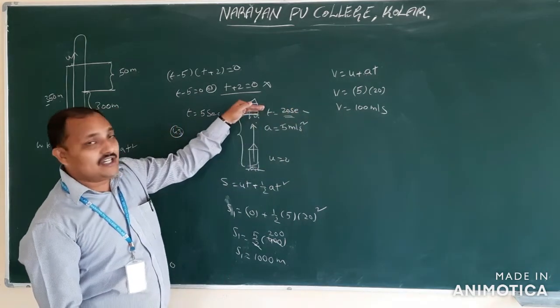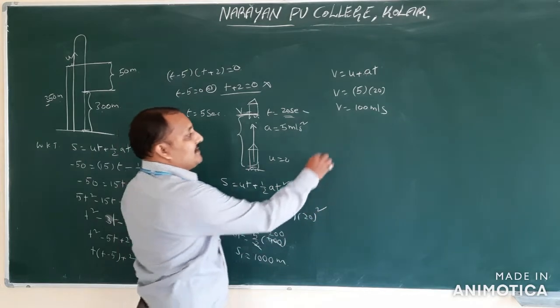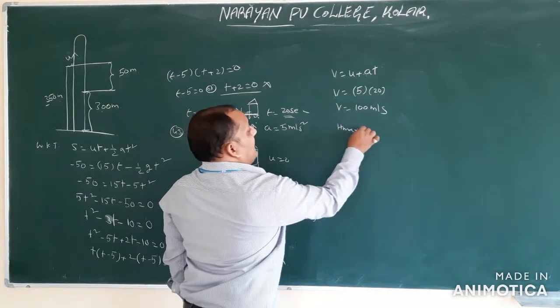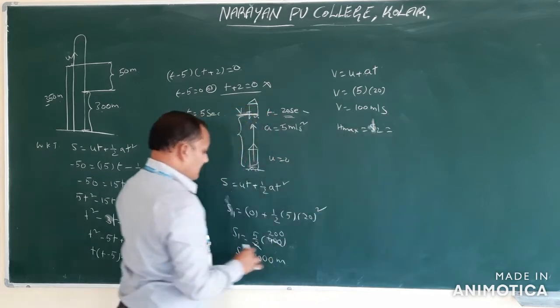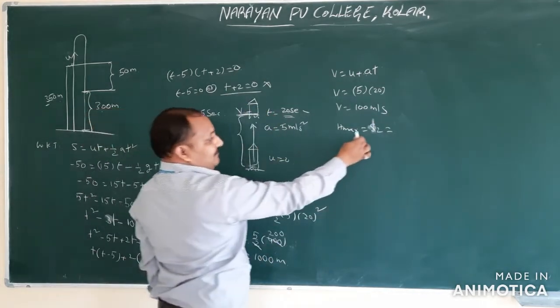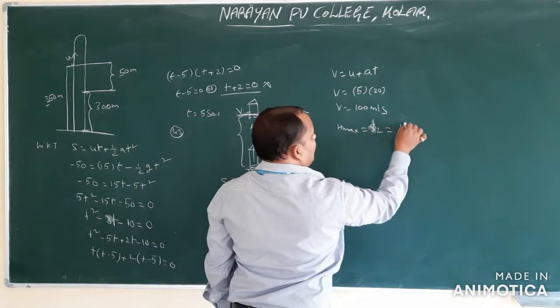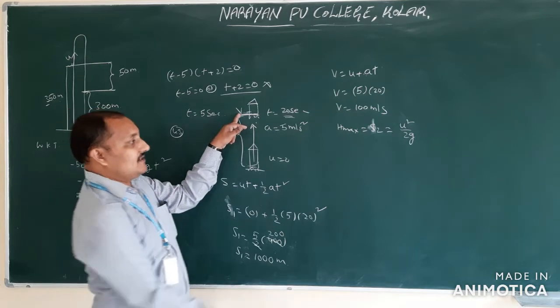From here the engine is shut off, and it will reach its maximum height from here. Maximum height formula: H maximum, which is nothing but H2 or S2, since S1 is for the first 20 seconds. After 20 seconds, H maximum is equal to u square by 2g. This u means this velocity.